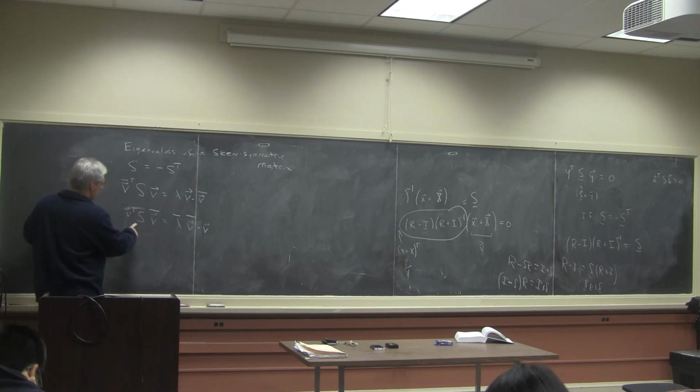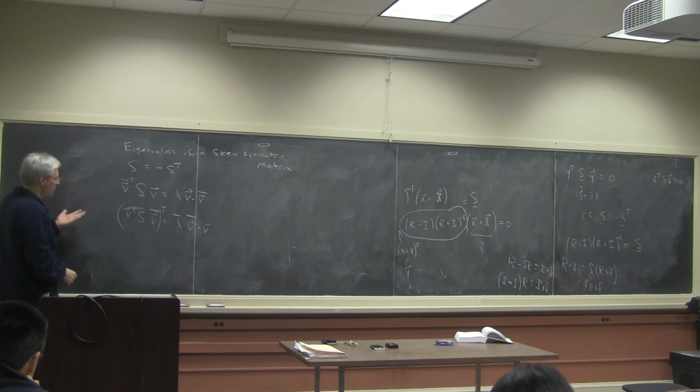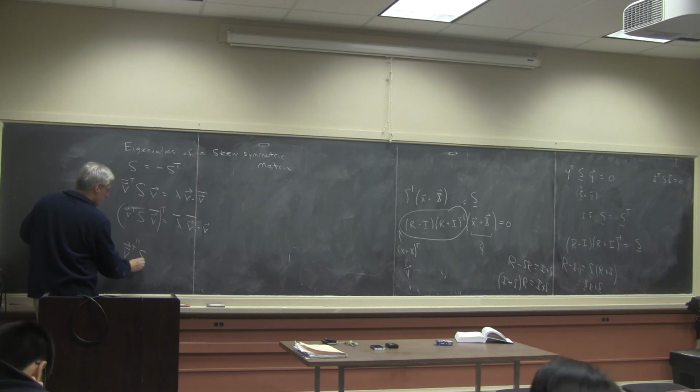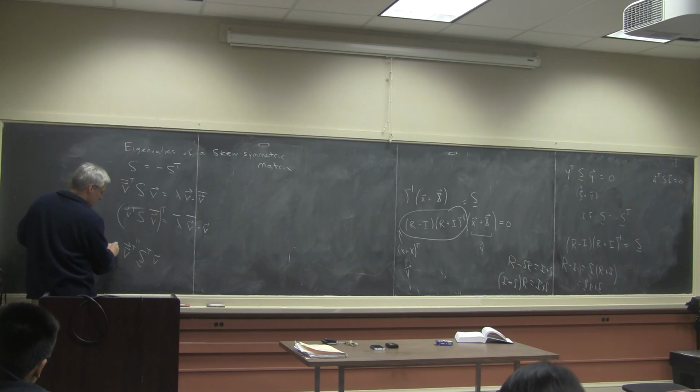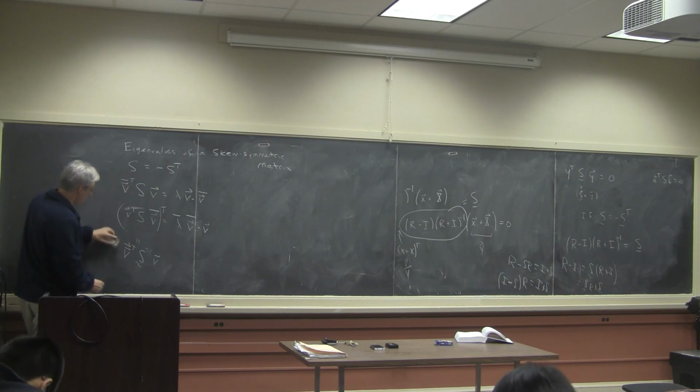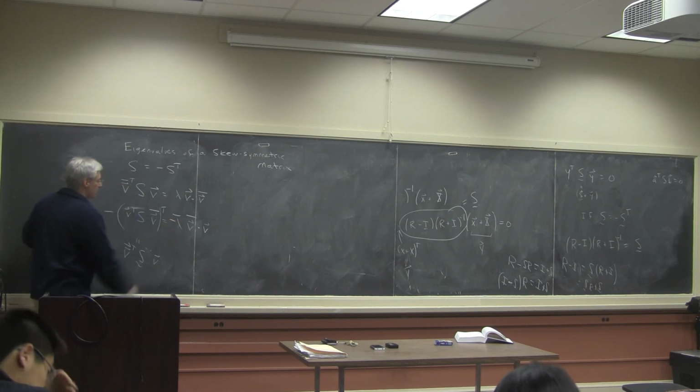So remember, this is a scalar now, so if we take the transpose of the scalar, we get the same thing back. When we do the transpose, we get a V complex conjugate transpose S transpose V, but S transpose is equal to negative S because it's skew symmetric. So this is equal to the negative of this.